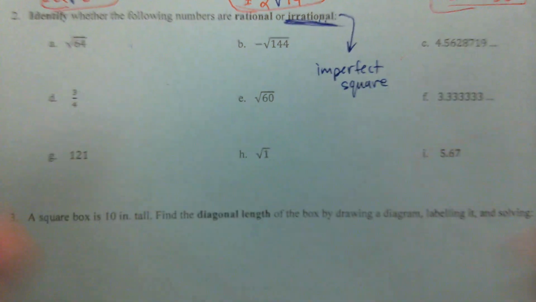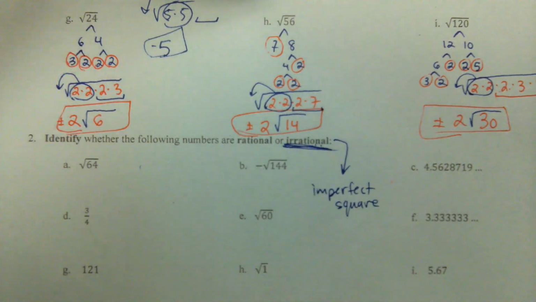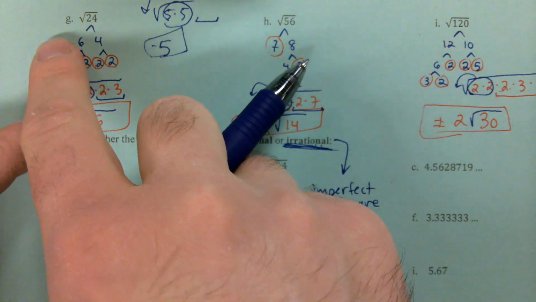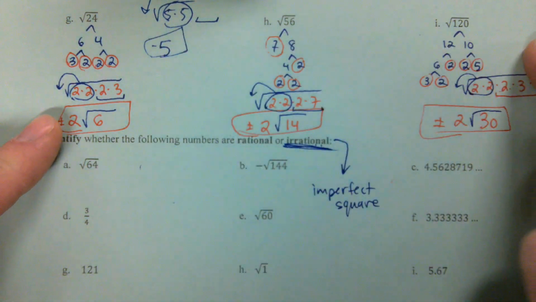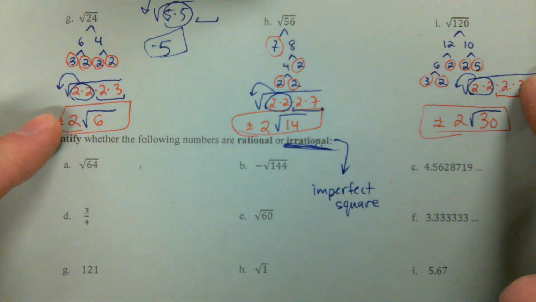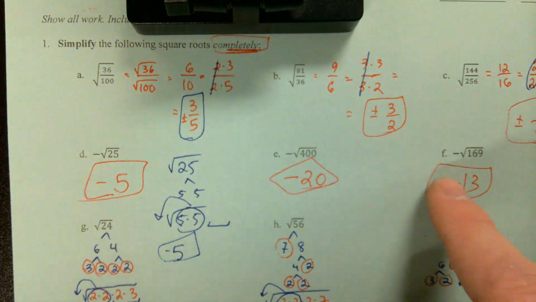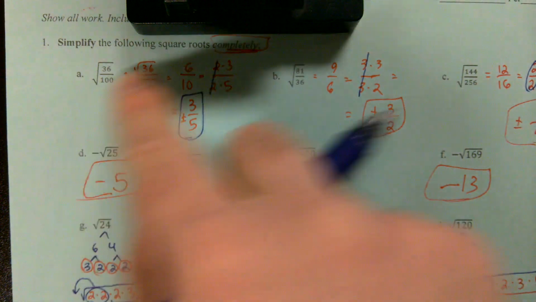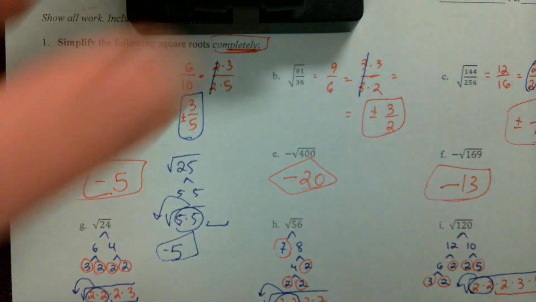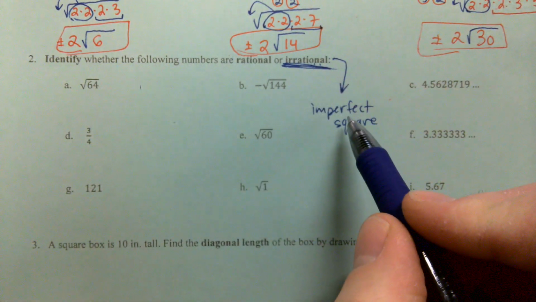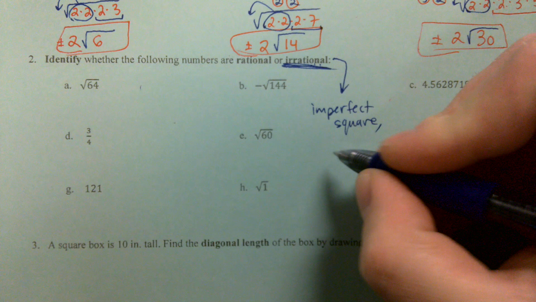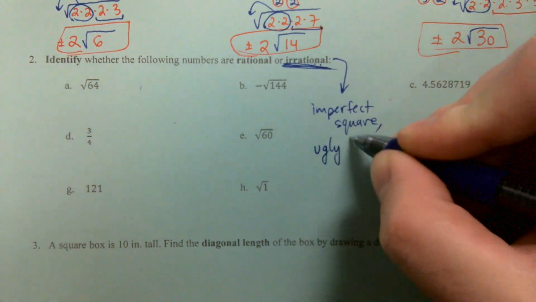Okay, so that's like everything we just talked about up above in GHI. All of these are irrational numbers. They're imperfect squares. A through F, these are all rational numbers because they are perfect squares. So irrational numbers are imperfect squares or ugly decimals.